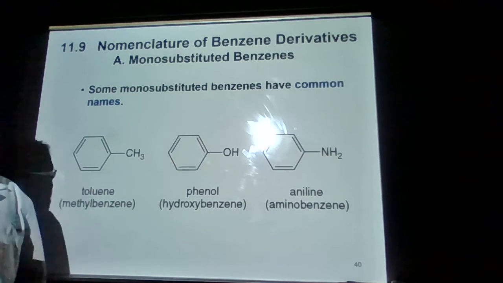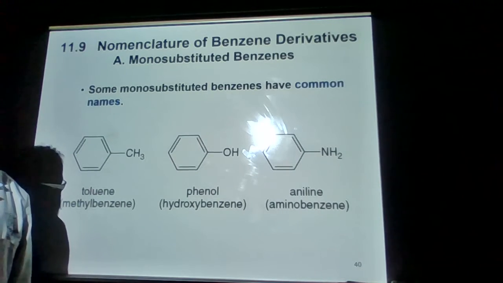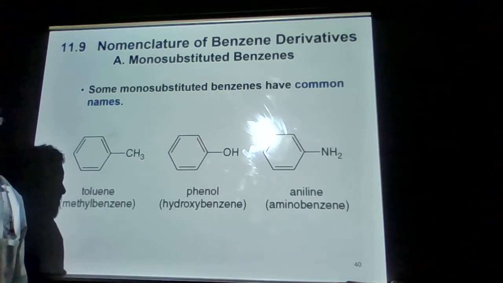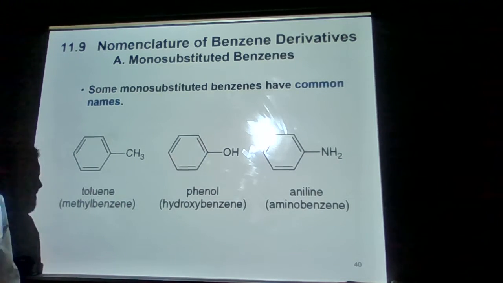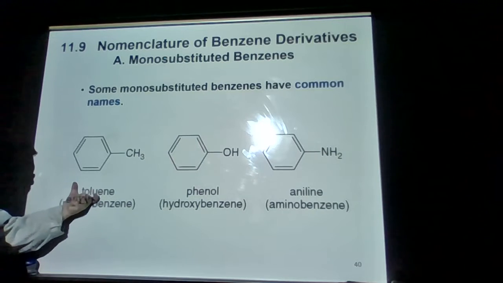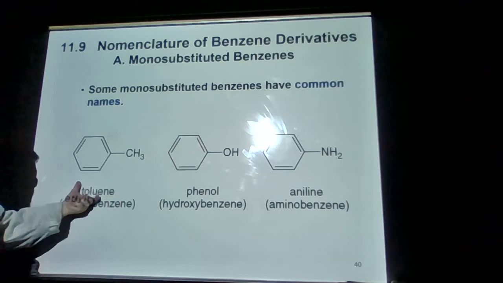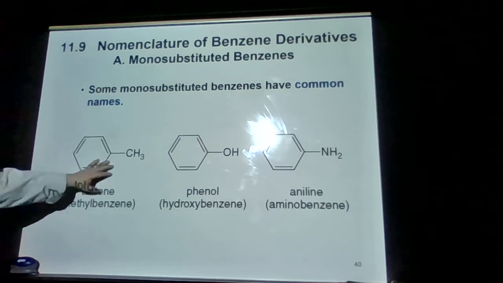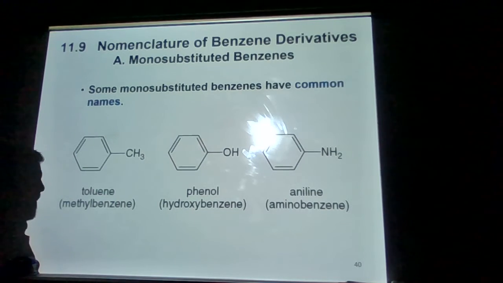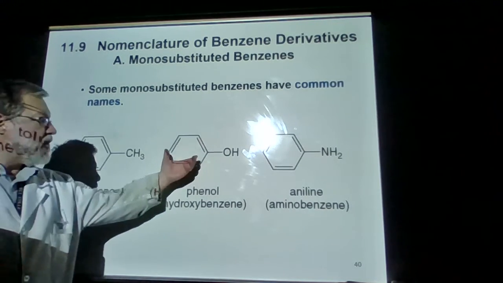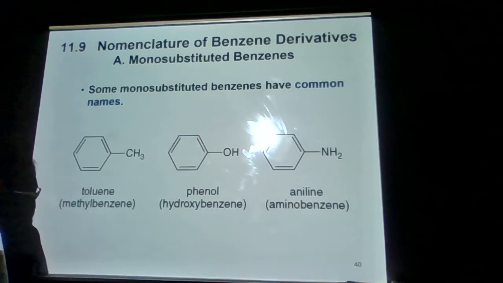Some of these monosubstituted benzenes have been known since antiquity, and unfortunately some of the names that they had in antiquity have been dragged down to this point in time, such that even when they're listed in precise naming systems, these names that have existed in antiquity still are listed and accepted. So this guy with a CH3 attached to the aromatic ring is given the name toluene. The aromatic ring where we have just an OH group is called phenol.